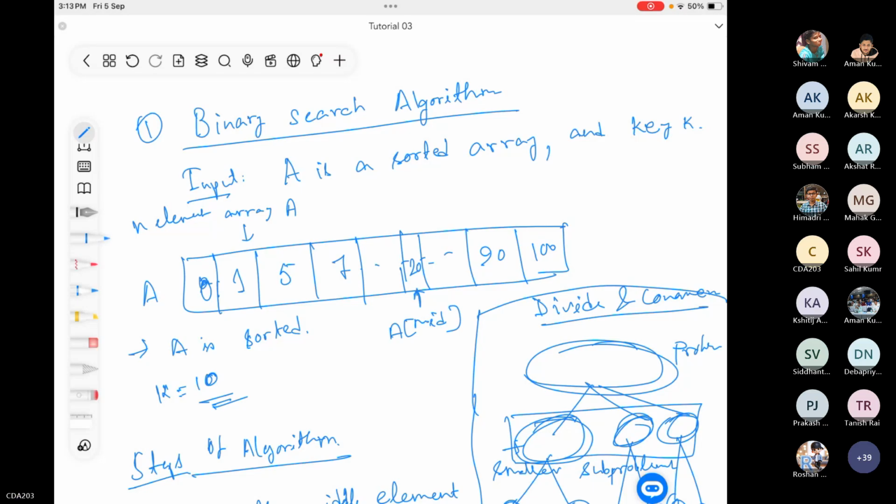Since it's a sorted array, there is no need to search the portion after mid. You can discard it and search in the rest.